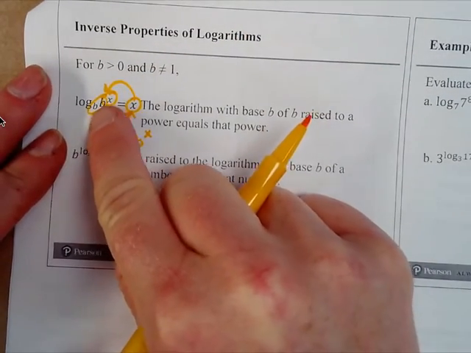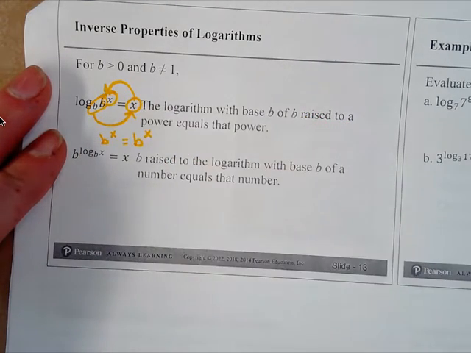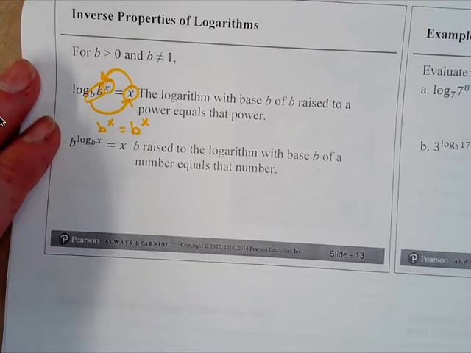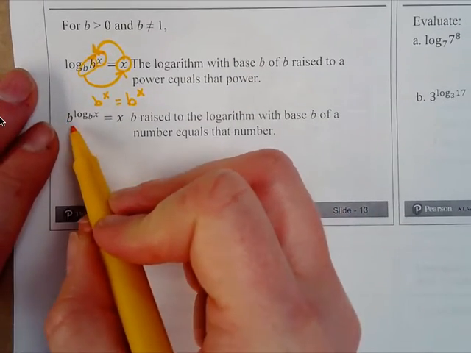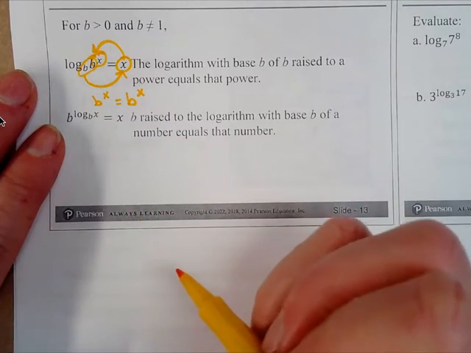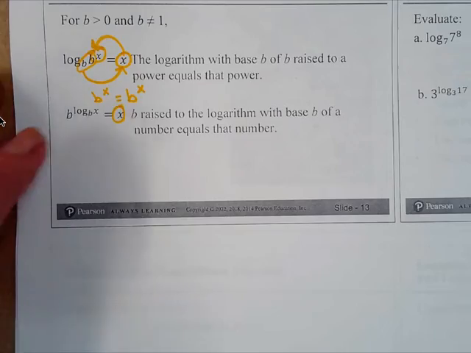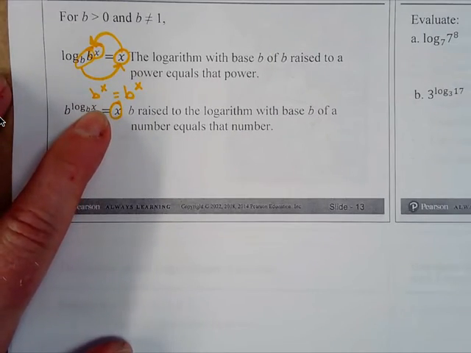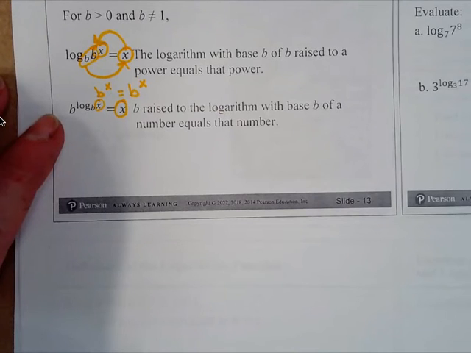When those two values are equal, the exponent and the output are equal. Then if you have a base raised to a log power, it's going to equal whatever that value is over here. Those two will be equivalent. b raised to the log with base b of a number equals that number.